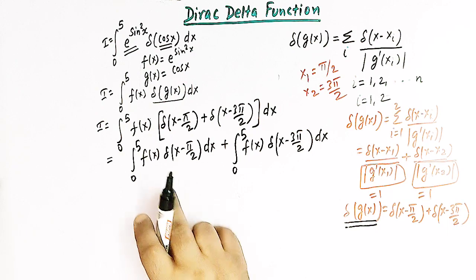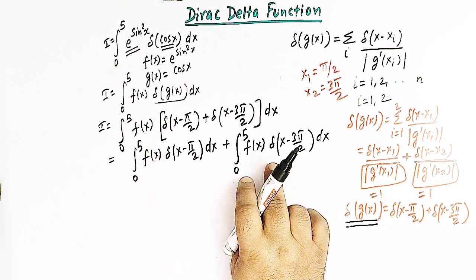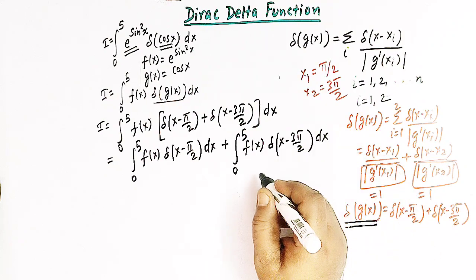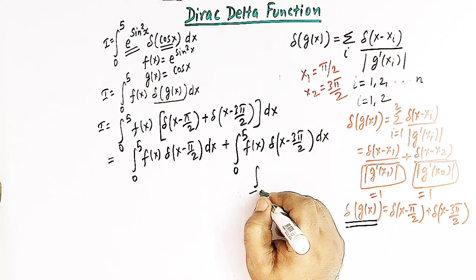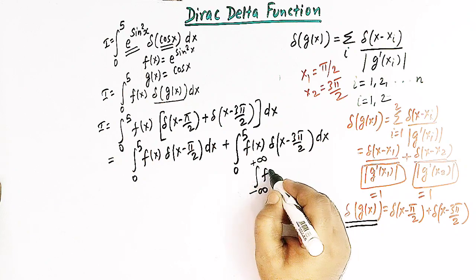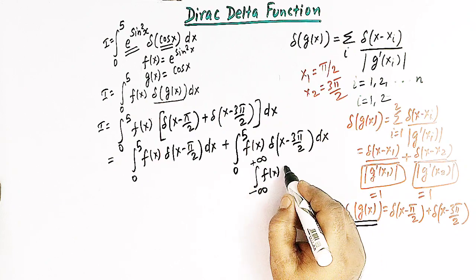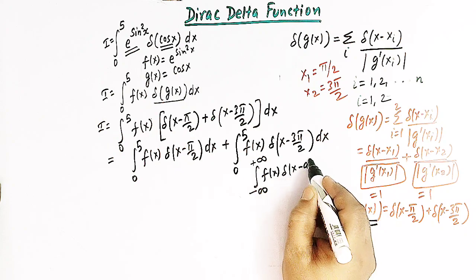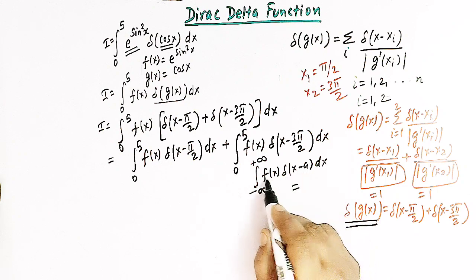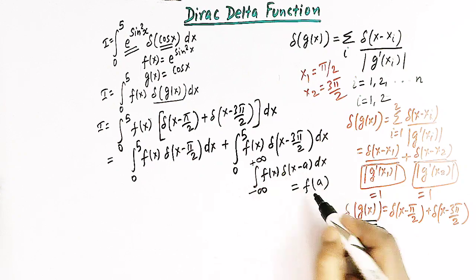Now to evaluate these two integrals, we will make use of the definition of the delta function, which says that if we have the integral from minus infinity to plus infinity of f of x delta of x minus a dx, then the value of this integral is equal to f of a.